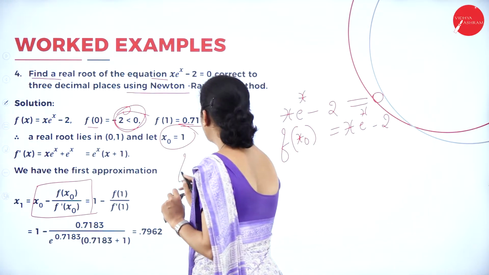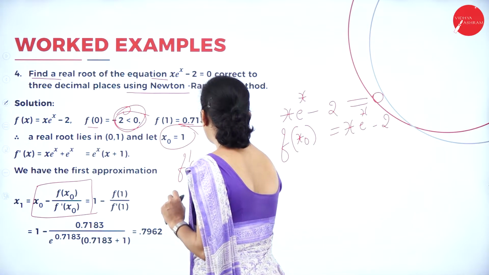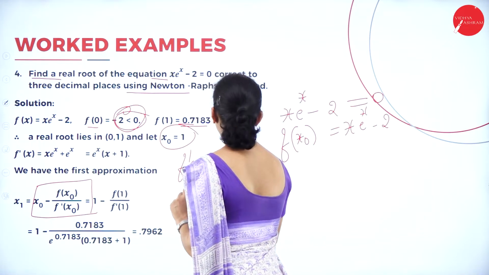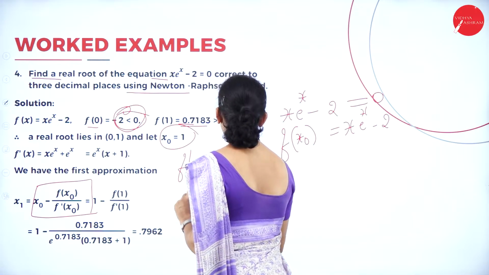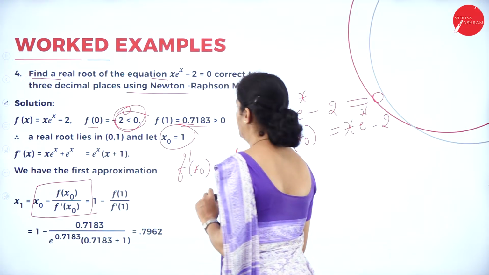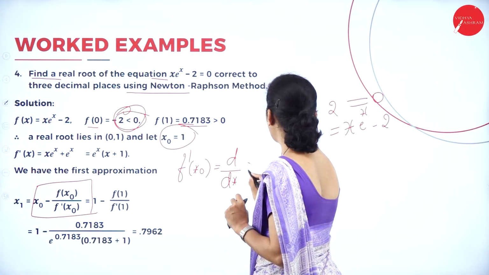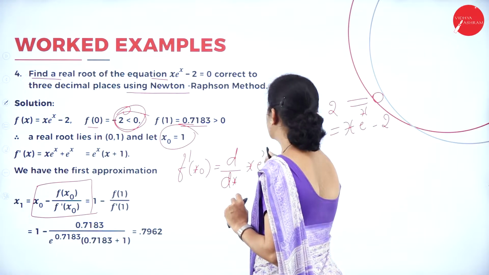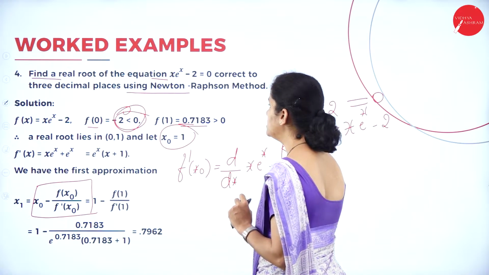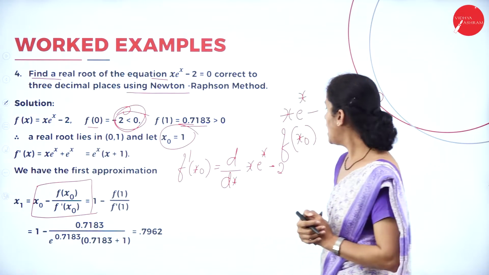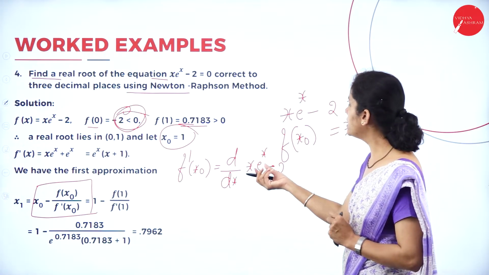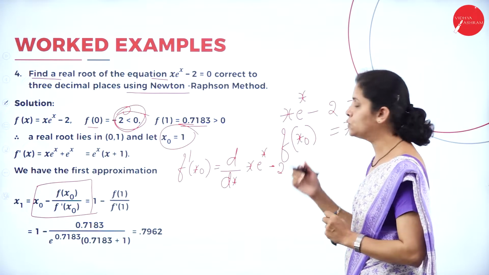To find out f dash of x naught, I want to differentiate d divided by dx of x e to the power x minus 2.